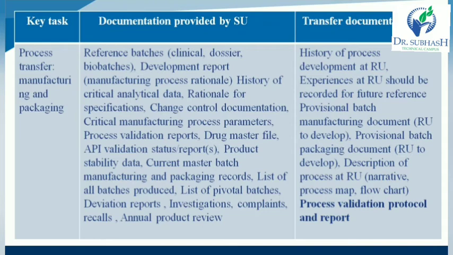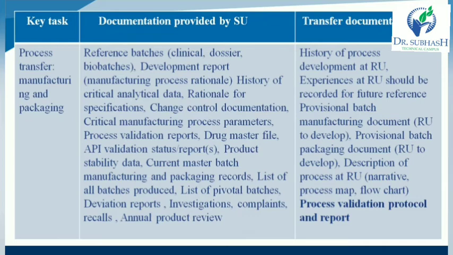In process transfer, manufacturing and packaging, the documentation provided by the sending unit includes reference batches, such as clinical batches, dossier batches or bio batches, as well as a development report with manufacturing process rationale, history of critical analytical data, rationale for specifications, change control documentation, critical manufacturing process parameters, process validation reports, drug master file, and active pharmaceutical ingredient validation status or report.